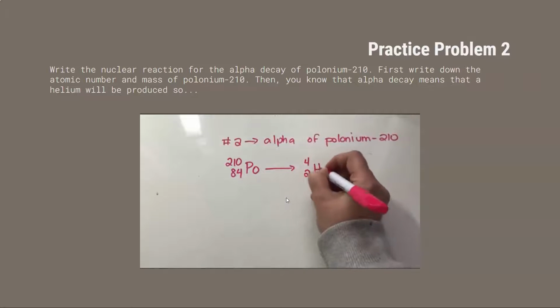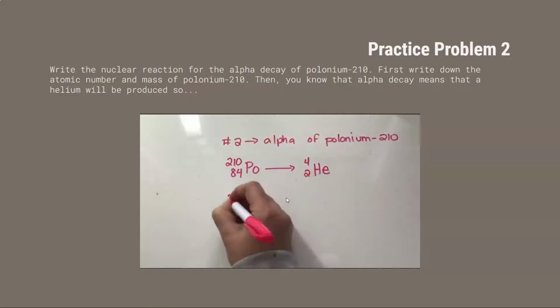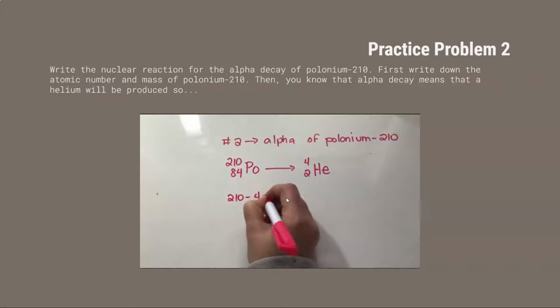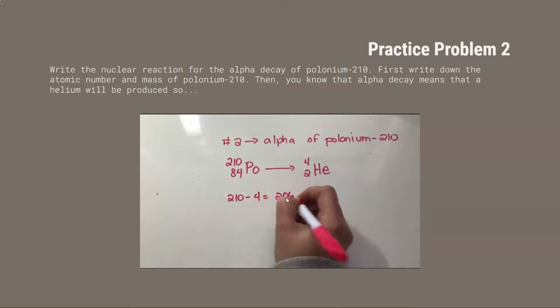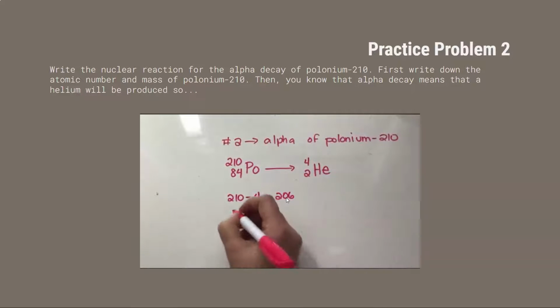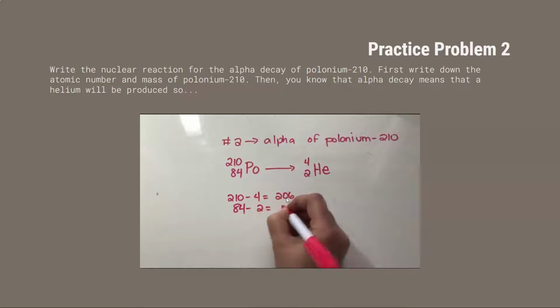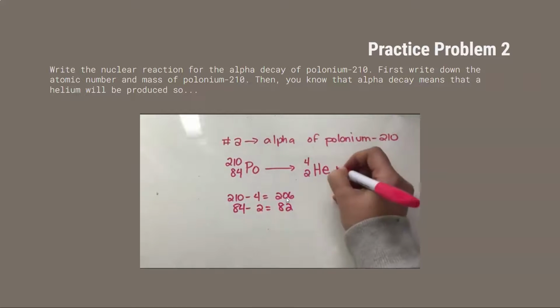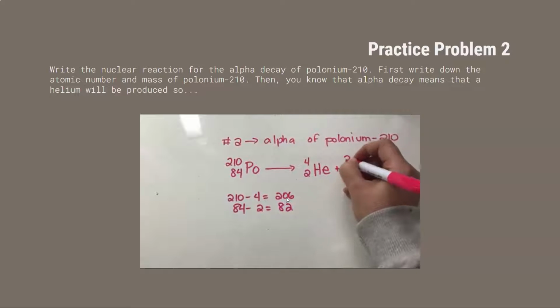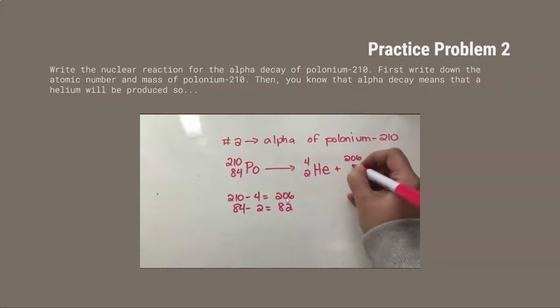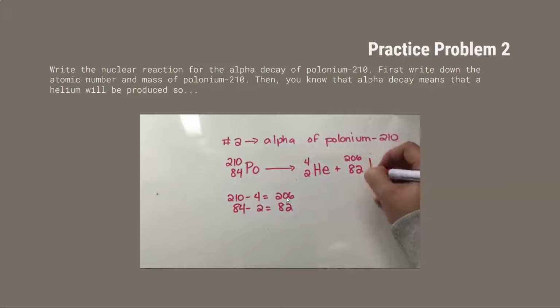Again, helium is for alpha decay, so I take my 210 and subtract 4 from it to get 206. Then I take my 84, subtract 2 from it, and I get 82. So my new element has a mass of 206 and an atomic number of 82, and if I look on the periodic table, 82 is lead.